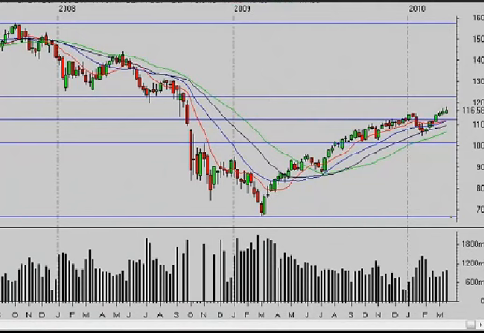In this case, the 61.8% retracement does happen to fall in at this prior support level, which when broken led to the bigger decline. So that's just something to keep in the back of your mind.